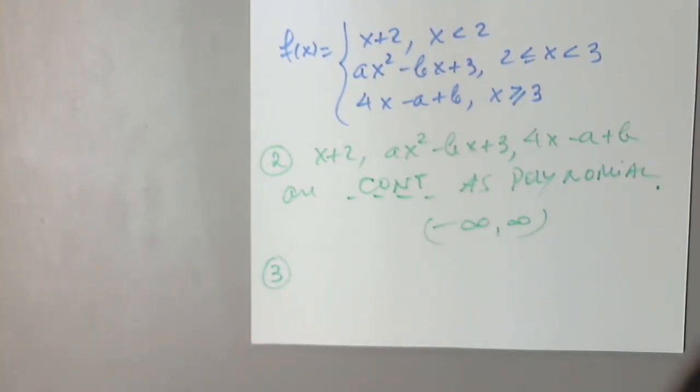What could go wrong here? In which situation this function will not be continuous? X plus 2 is continuous, the middle is continuous, the last one is continuous. In which situation this function will not be continuous? If it is not continuous, where? Right. So that's all I have to study.